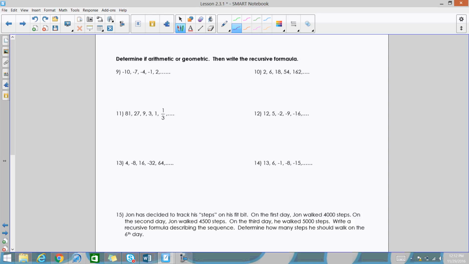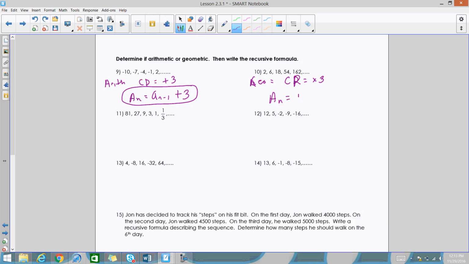All right, here we go. I'm just going to write arithmetic, arith. Our common difference is we're adding 3, so a sub n equals a sub n minus 1 plus 3. This one is geometric, geo, and your common ratio is times 3.